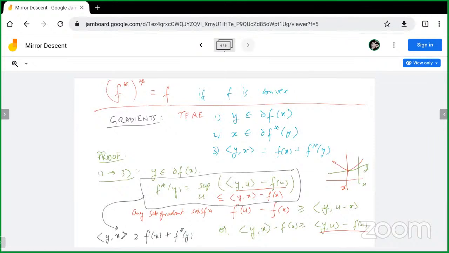Now if you remember the previous inequality, the Young-Fenchel inequality, then closing that gives equality.